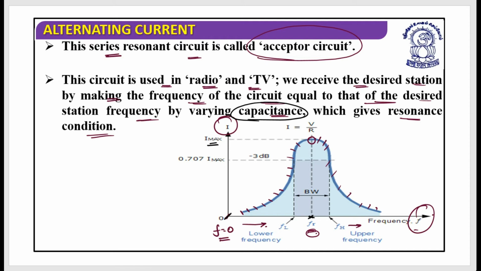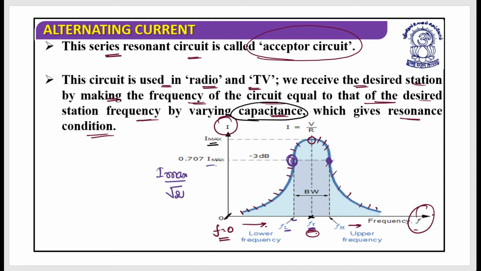Now one more very important thing, let's look at this. This is the resonating frequency, but at this point the current is 1 by root 2 times the maximum current. Whatever frequency I receive here is what we call the lower frequency.